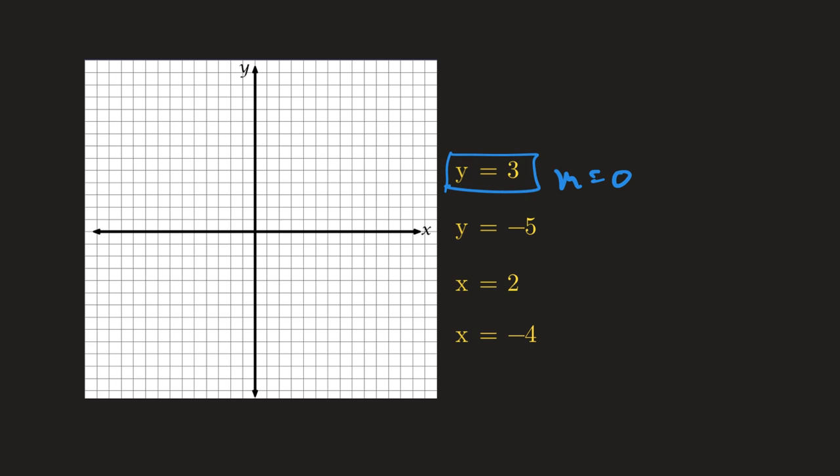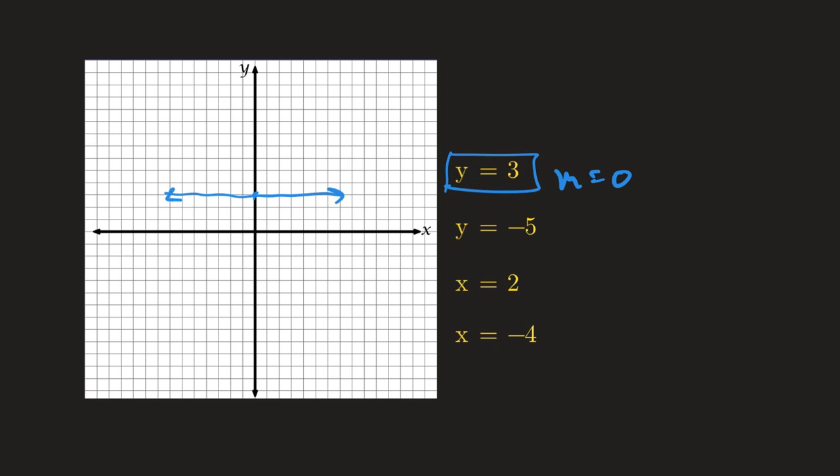Ideally, I want you guys to be able to see these and recognize, if we get y equals a number, there is no slope there, your slope is 0, that's a horizontal line. This is a horizontal line through positive 3. 1, 2, 3. There it is.